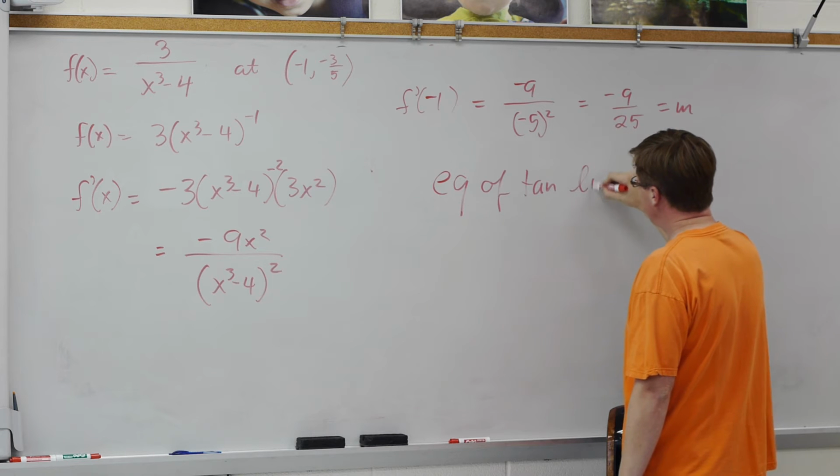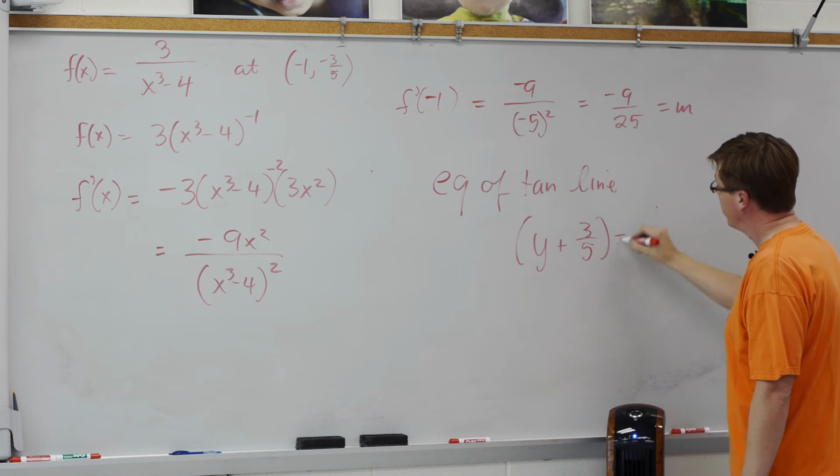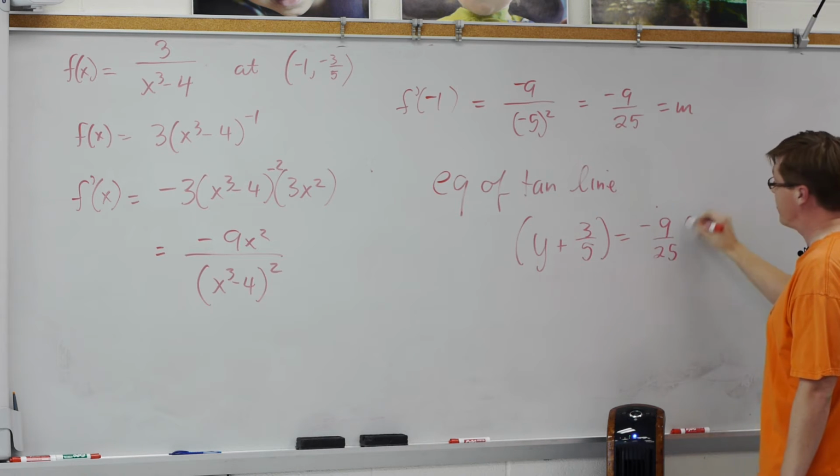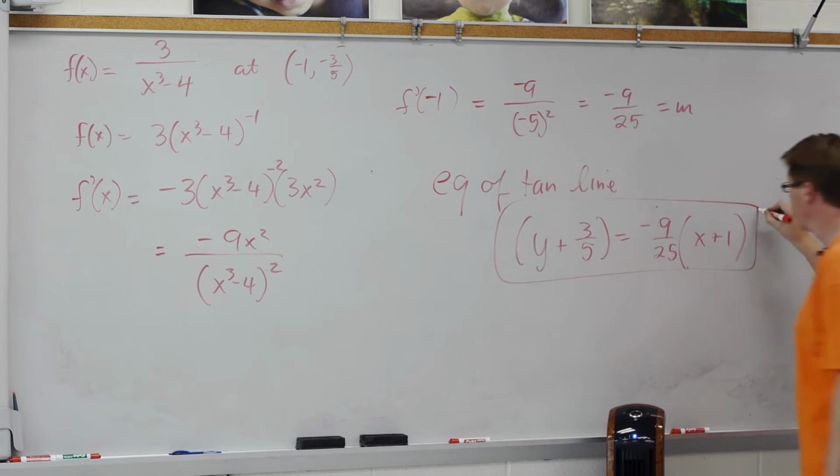So that means the equation of my tangent line is y plus 3/5 equals -9/25 times (x plus 1). And we're done. Any questions?